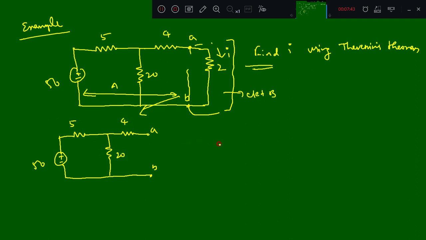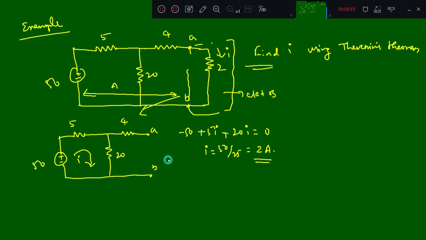So what is the equivalent value I will get? If I apply KVL, taking the current as I, it is minus 50 plus 5I plus 20I equal to 0. So I will be 50 divided by 25, which is 2 amperes.